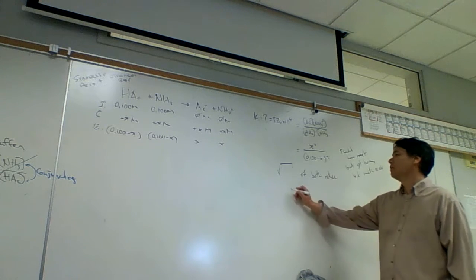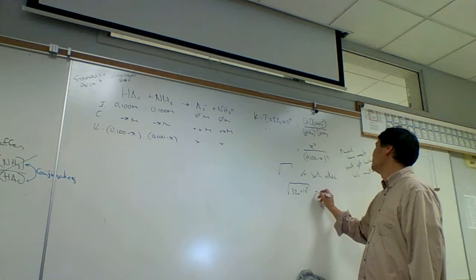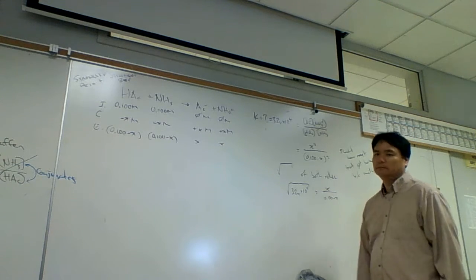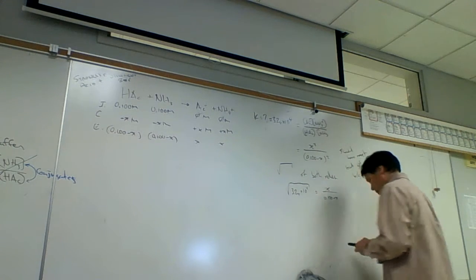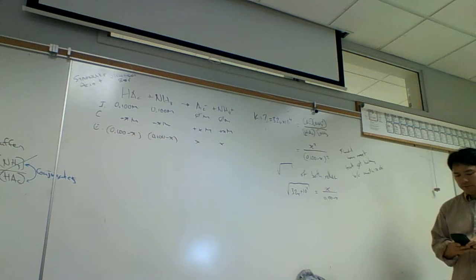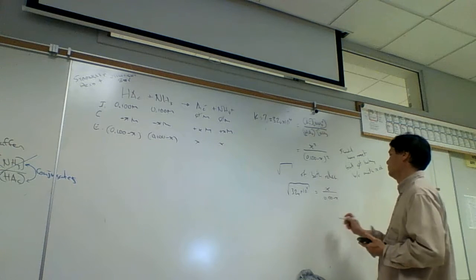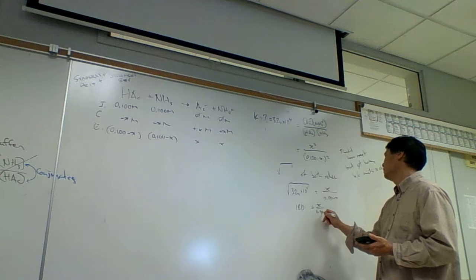So if I take the square root of both sides, I'm going to get the square root of 3.24 times 10 to the positive 4 is equal to x over 0.100 minus x. So let's do that. 3.24 times 10 to the positive 4, the square root, that's 180. This is 180 is equal to x over 0.100 minus x.